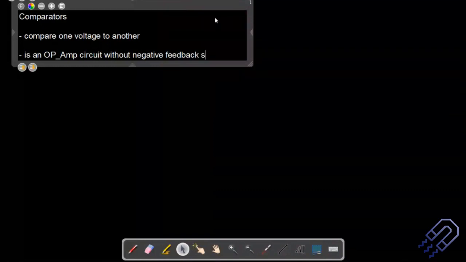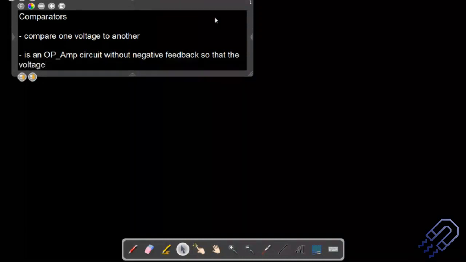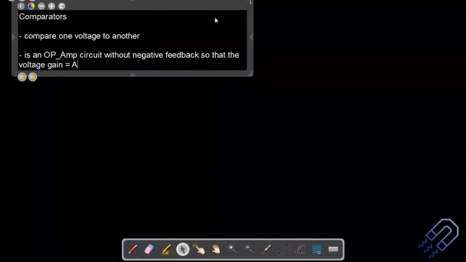If there is no negative feedback, the voltage gain would be nothing but the open circuit gain. We have already studied that the voltage gain is equal to A. Usually we write it as A_OL, the open loop voltage gain.